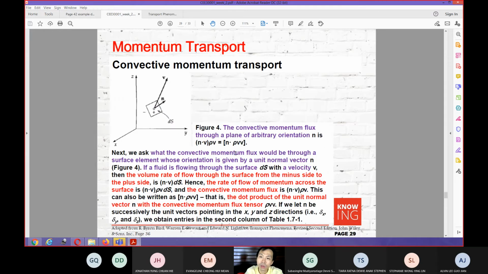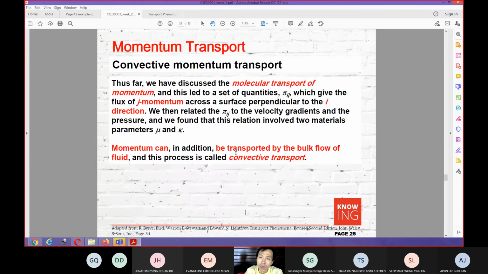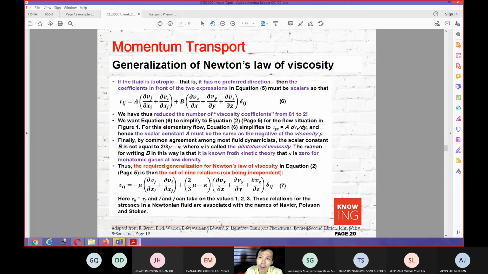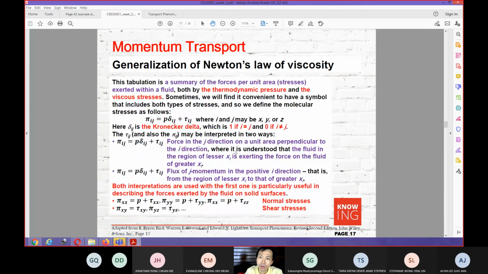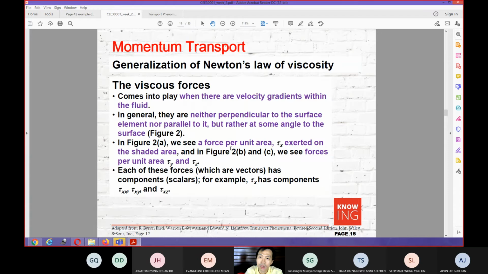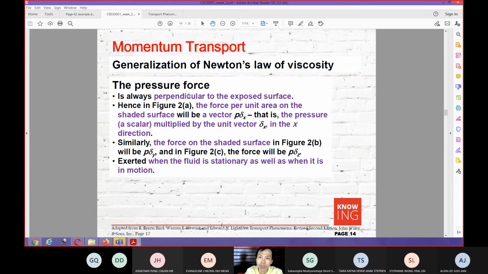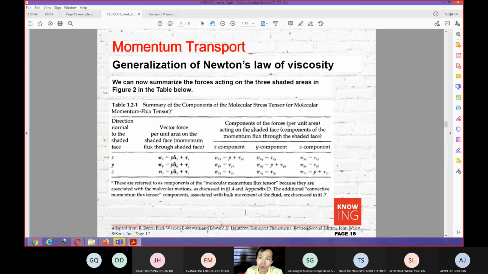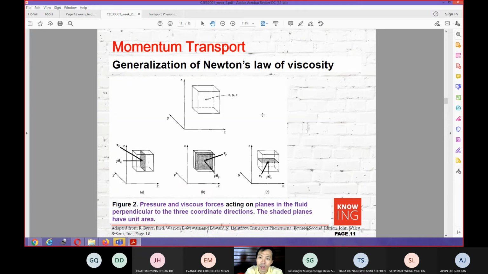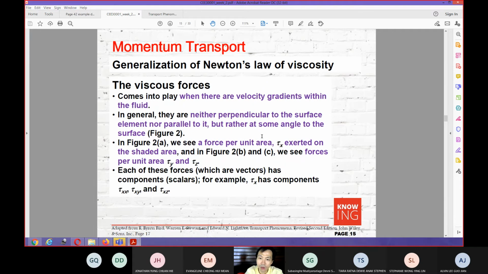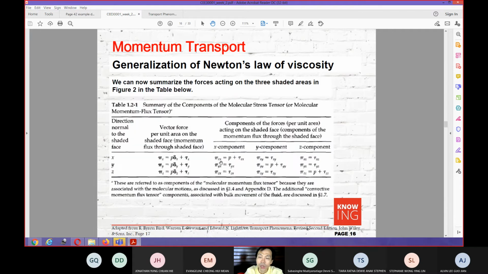If you go back to your slides, slide number 14, remember this term, perpendicular to the exposed surface. You see here that the pressure is always perpendicular to the particular surface that we are inspecting, and that has a consequence for these terms.